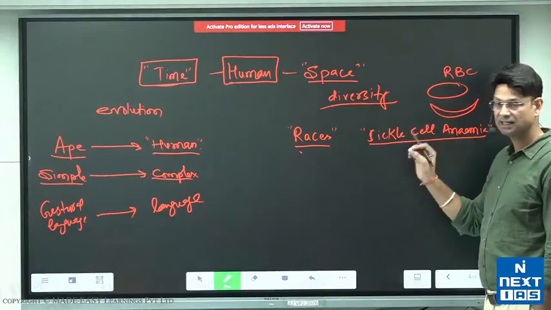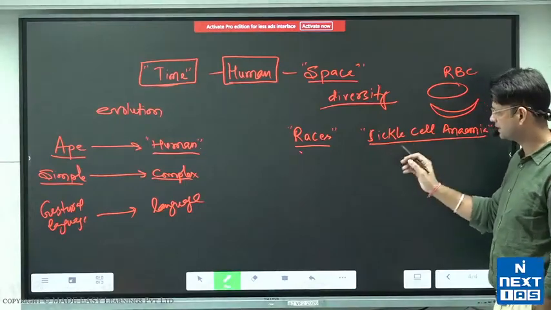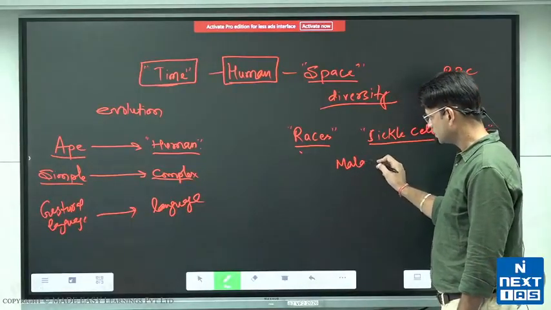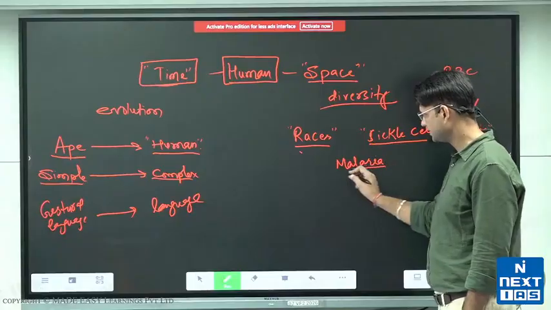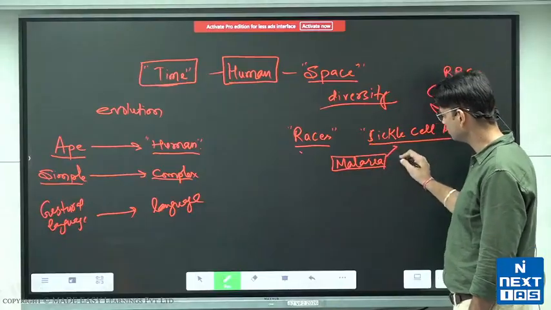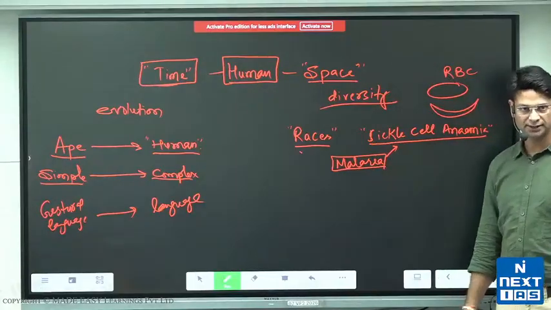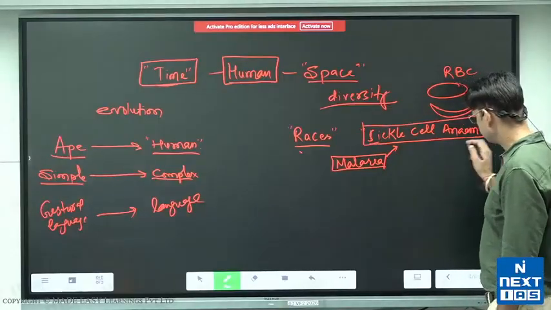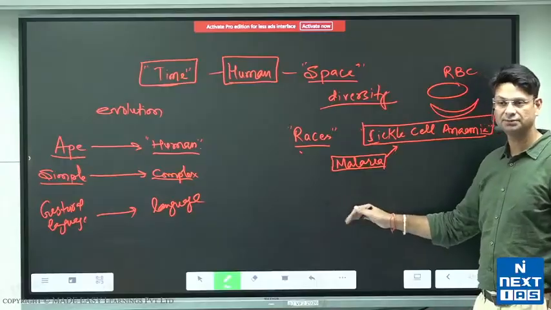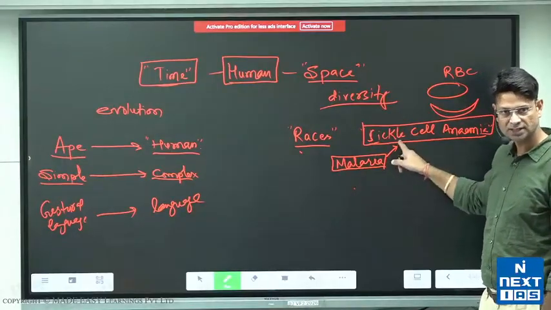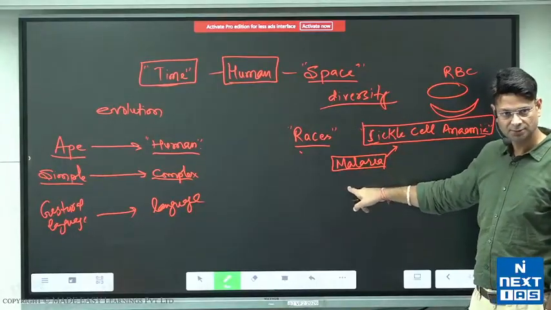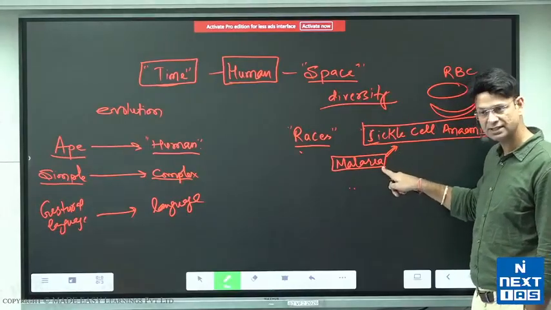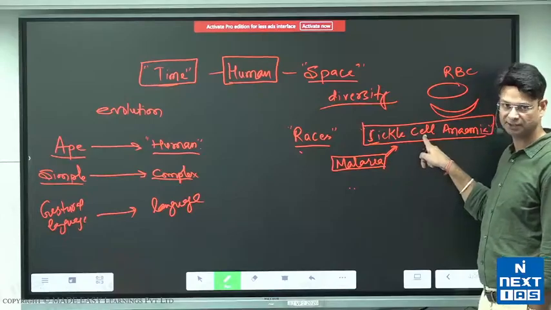Sickle cell anemia is mainly found in the areas where there is high prevalence of malaria. जहां पे मलेरिया का रेट ज्यादा है, वहां पे सिकल सेल एनीमिया होने के चांस भी ज्यादा है. क्यों? क्योंकि ये जो डिजीज है सिकल सेल एनीमिया, ये अडेप्टेशन प्रोवाइड करती है मलेरिया के लिए. This is adaptive against malaria. राइट. सो उन लोगों में जो मलेरिया इन्फेस्टेड रीजन में रहते हैं, वहां ये ट्रेट ज्यादा मिलेगा.